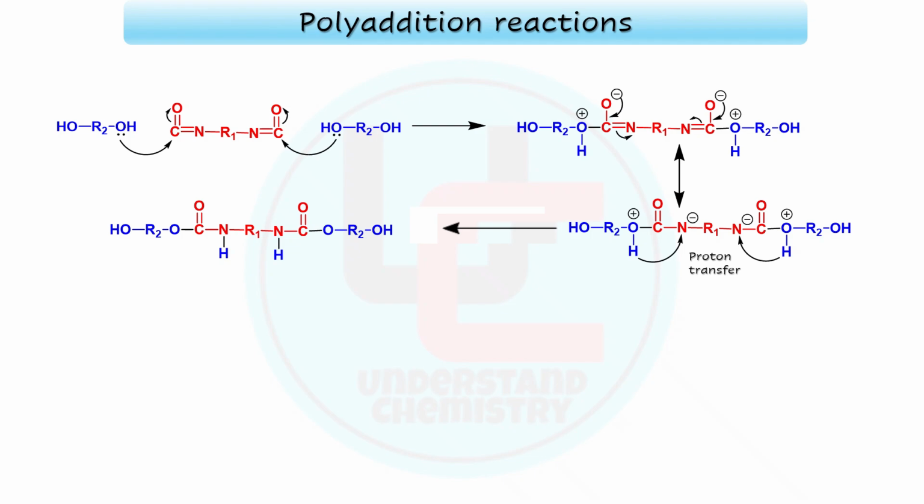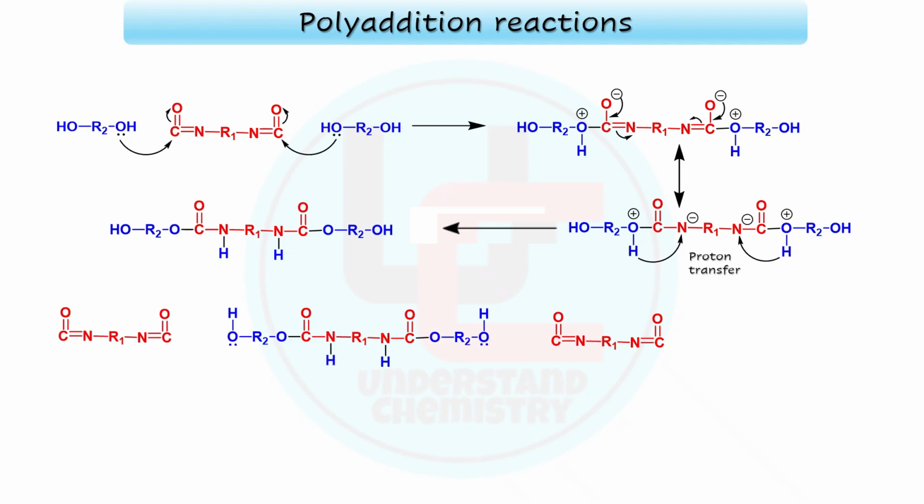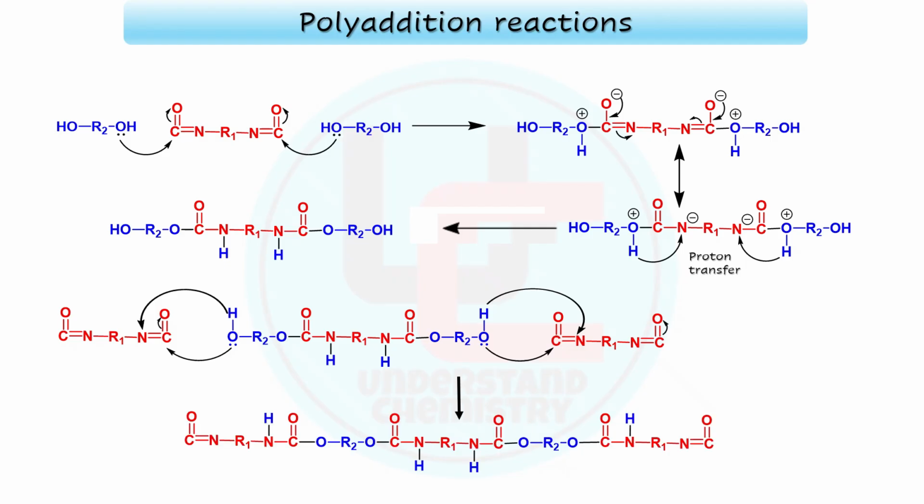As a result, a urethane linkage is formed at each reaction site, and the process continues as more monomer, dimer, trimer or oligomers react with each other, thereby building a long polymer chain with repeating urethane units. This overall process is classified as step growth or polyaddition polymerization because it involves the gradual linkage of monomer without the elimination of small byproduct.